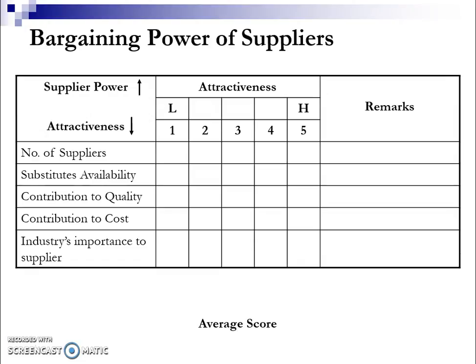And then supplier power, or the bargaining power of suppliers. Again, a similar relationship, inverse. It is determined by the number of suppliers, substitute availability in terms of whether the firm can have a substitute supply or suppliers of raw material, then contribution to quality and cost by the supplier side, and the industry's importance to the supplier, that is, whether the supplier can provide the material or whatever inputs the supplier is giving to the firm.